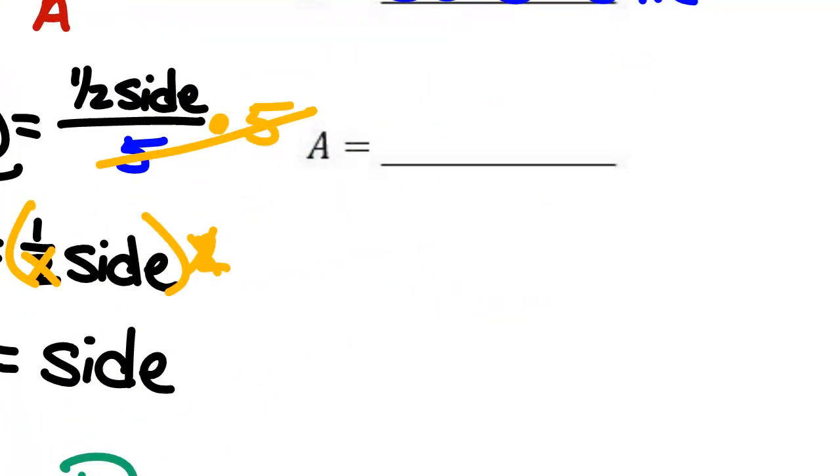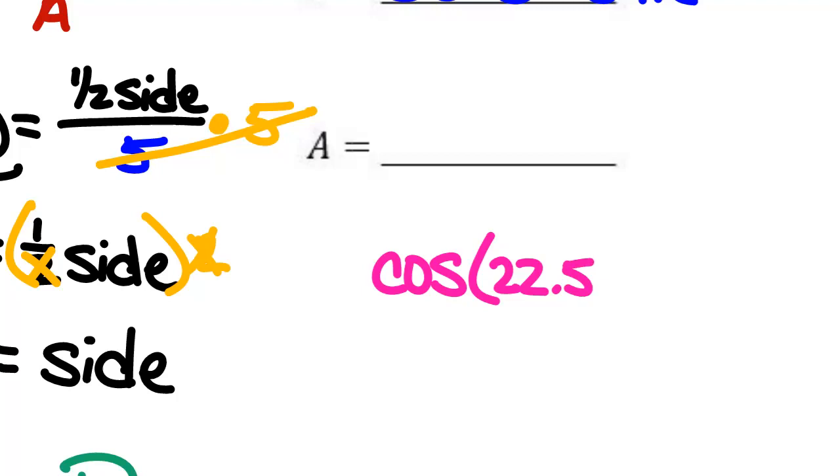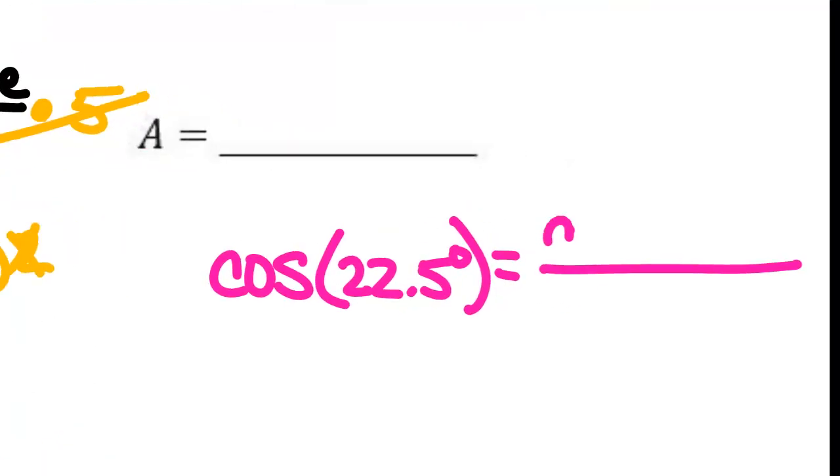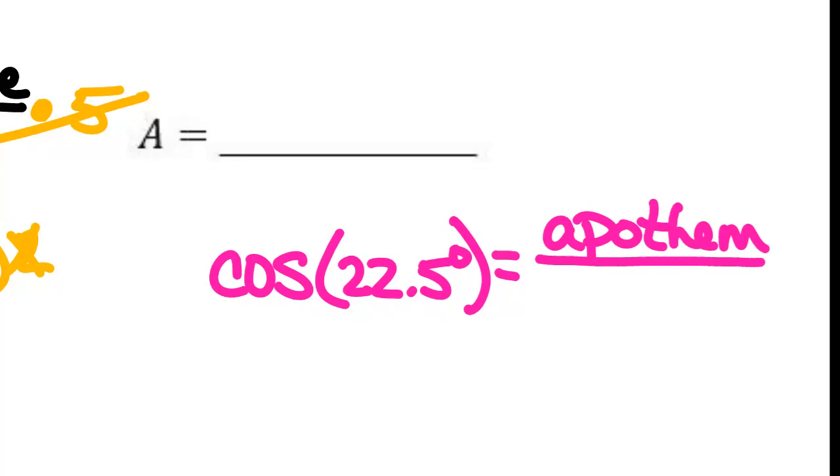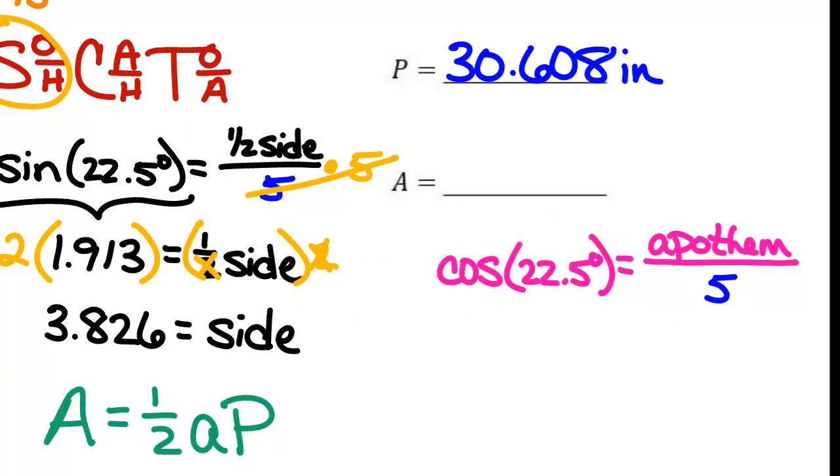Yep, cosine. So cosine of 22.5 degrees is equal to the apothem divided by the hypotenuse, which is 5. So then we times both sides by 5 again.